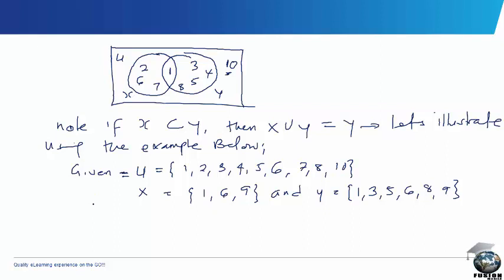Alright, therefore X union Y will be equal to 1, 3, 5, 6, 8, and 9. Representing this on a Venn diagram, we can draw as follows.